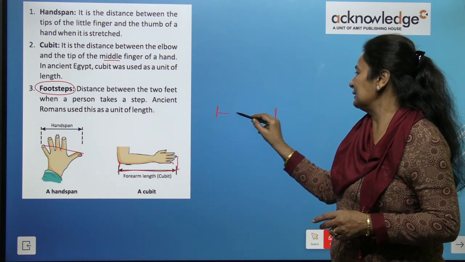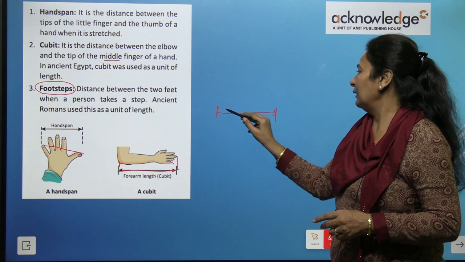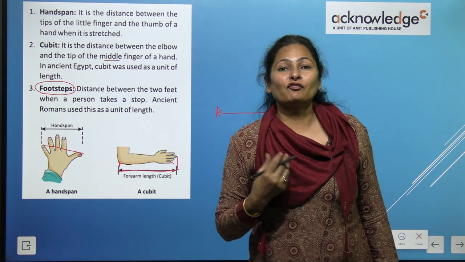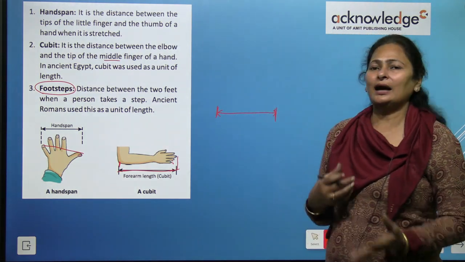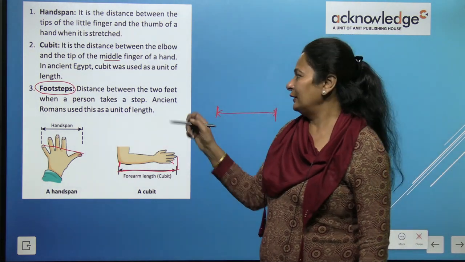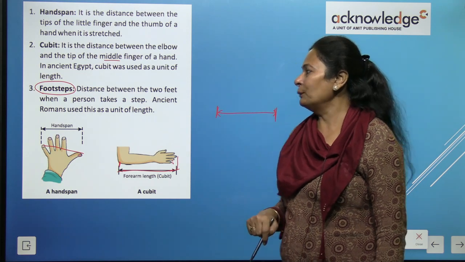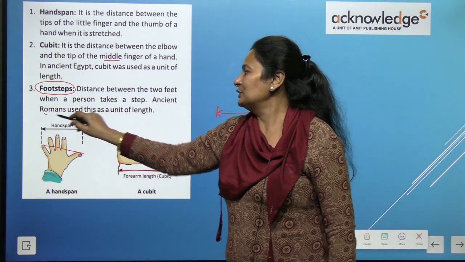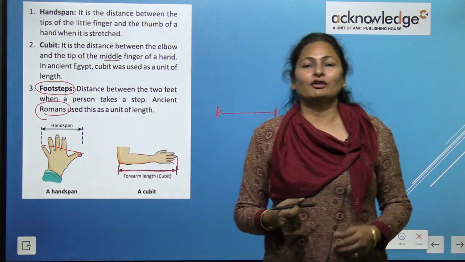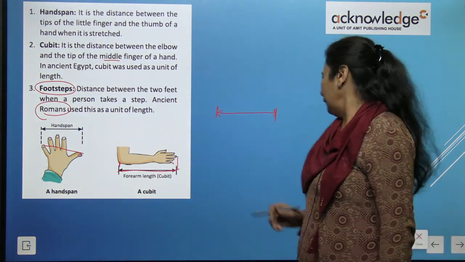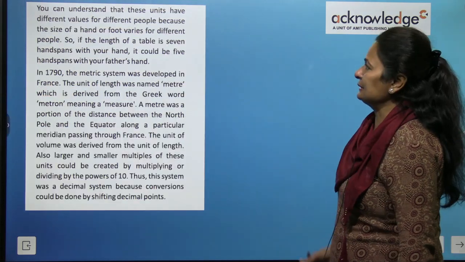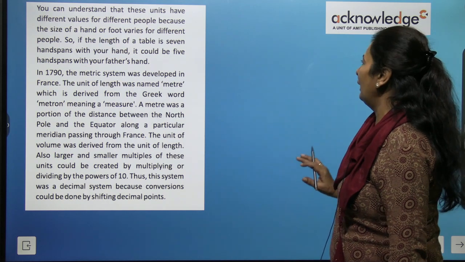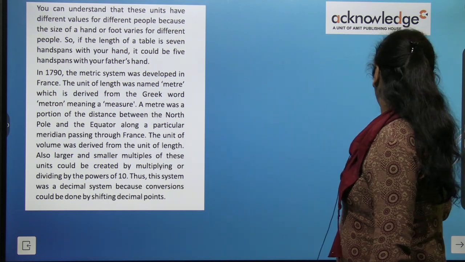So this difference of a step is measured as footsteps. So these are some non-standard units. Ancient Romans used this unit of length. So Romans used this method of footsteps before 1960.